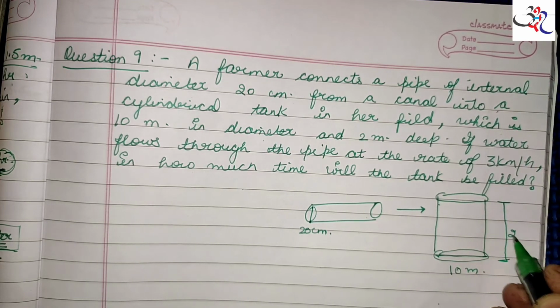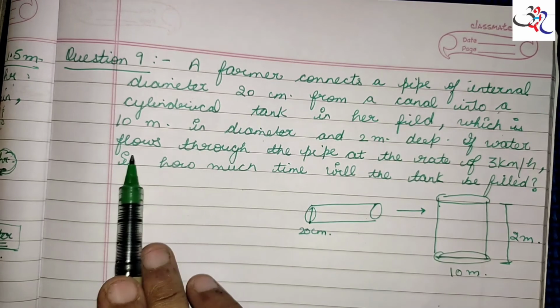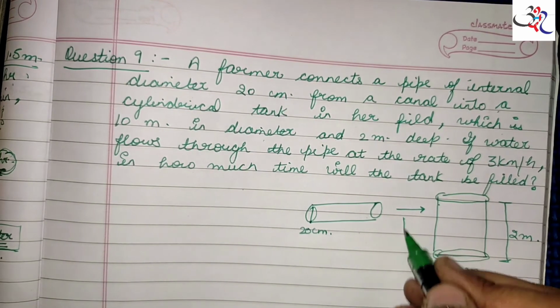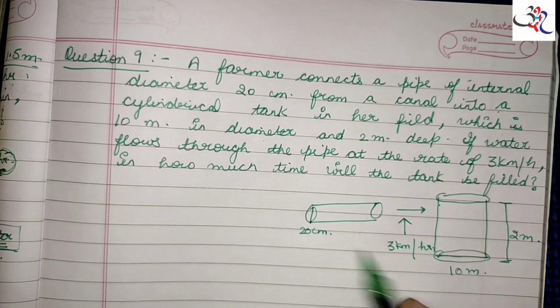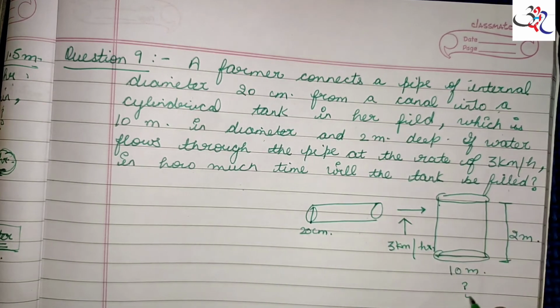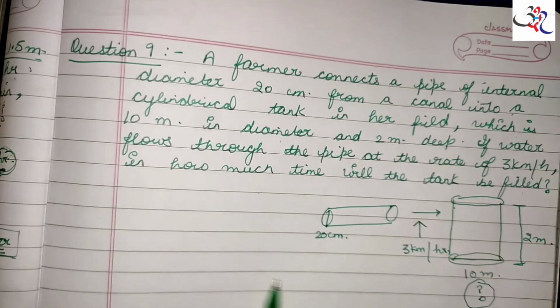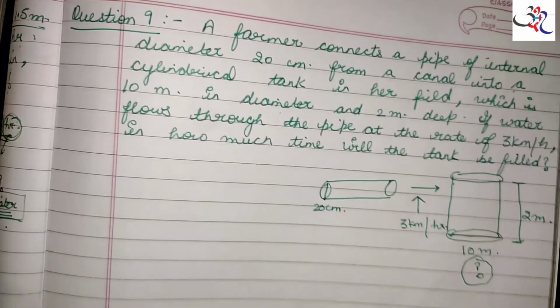If the water flows from the pipe at the rate of 3 kilometer per hour, in how much time will this tank be filled? I have to find out the time in which this tank will be filled.